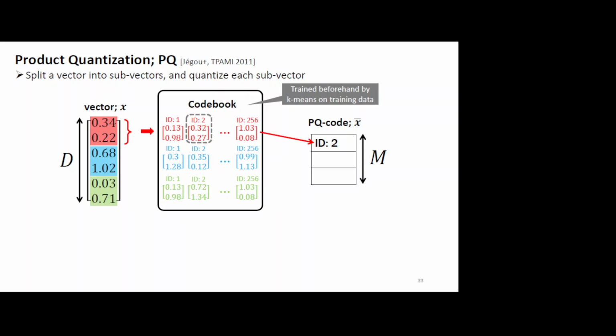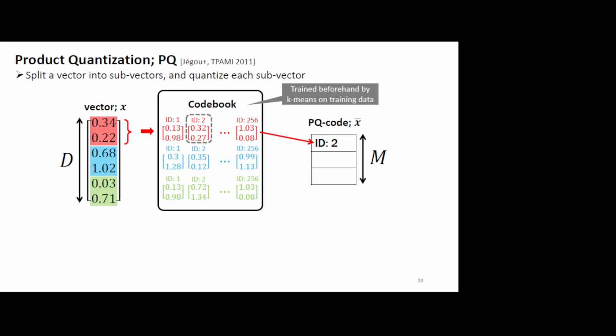Alright, so after we build up the code book, we can start to do the quantization. First, take the first part here. We check the first code book. We compute the distance between your vector and all the centroids here, and see which one is the smallest.